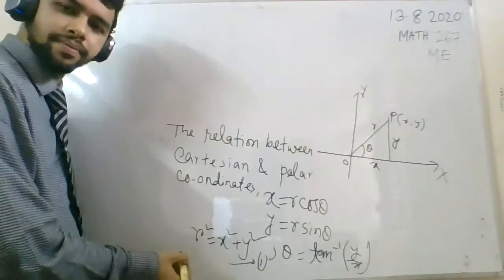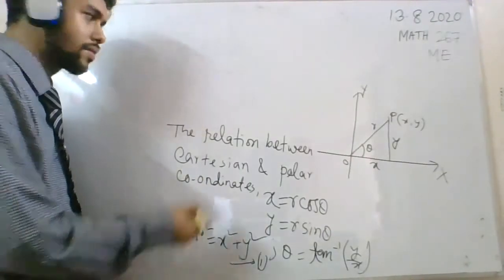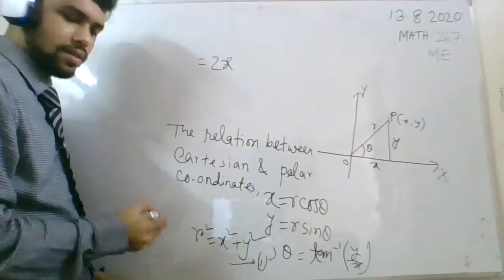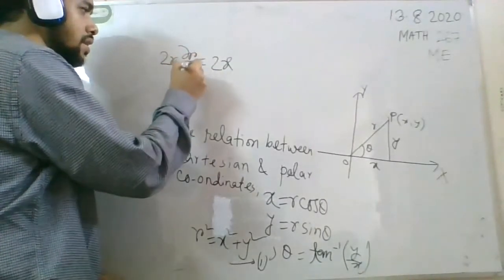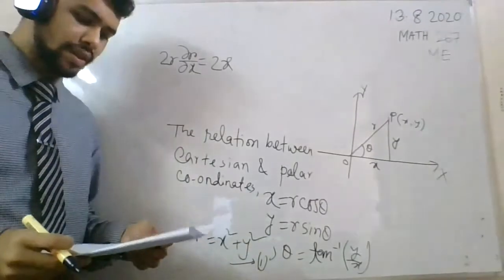Yes, right, 2x. And here, r square, so 2r dr/dx is equal to 2x. I said we will partially differentiate, so del r, del x equals 2x.